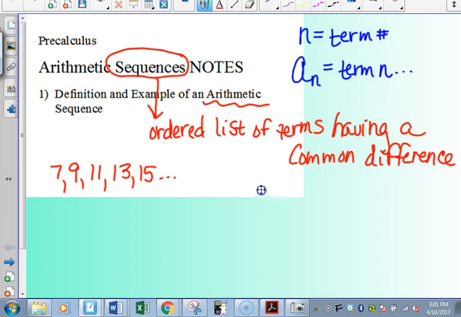Now, let me write this. This sequence right down here, this is term 1, term 2, term 3, etc. Do you understand what I'm saying? The little subscripts tell you what term number it is. So A sub 1 will always stand for the first term.